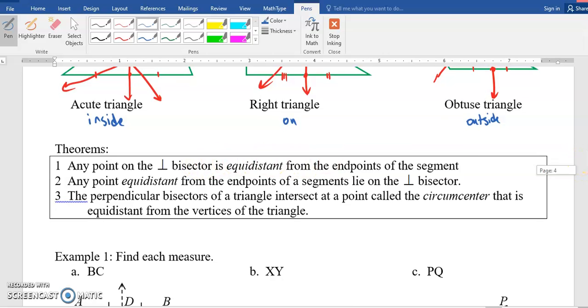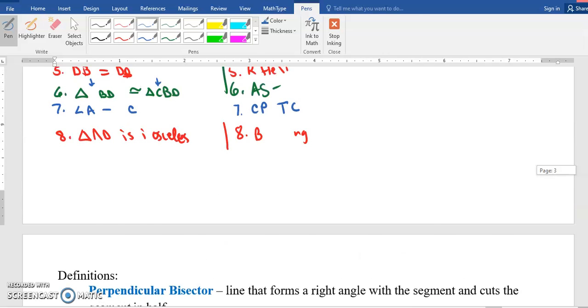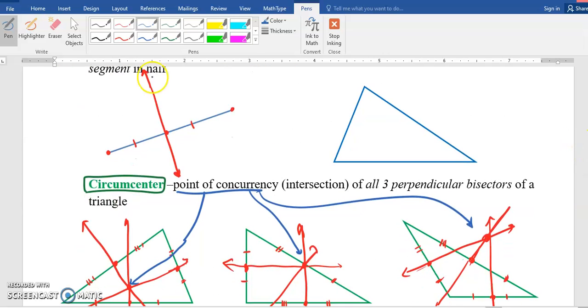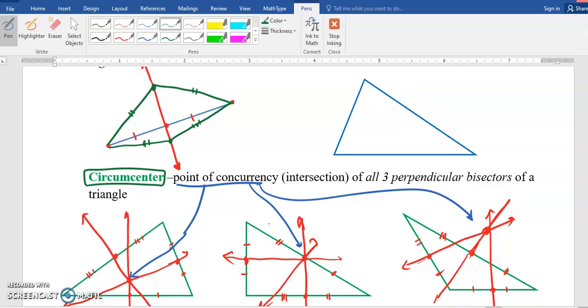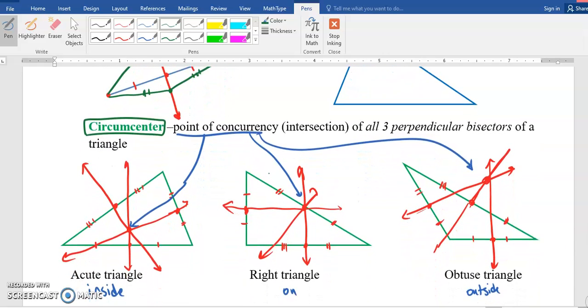So if I come back to that top diagram, if I just pick any random point on that perpendicular bisector, it's the same distance from this endpoint as it is from this endpoint. Doesn't matter where I pick it. I could pick it here. This segment is going to be the same distance as this segment. So that's the special property of a perpendicular bisector of a segment.